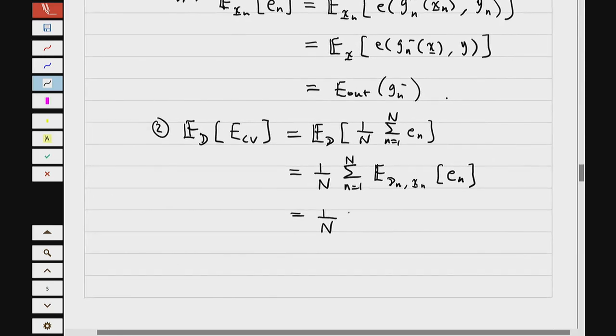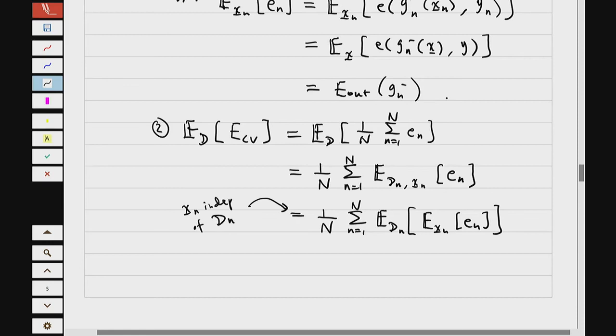So this equals E_Dn outside, and E_xn inside, like that. We can do this only when they are independent, because this x_n is independent of D_n. They are totally separate data points.